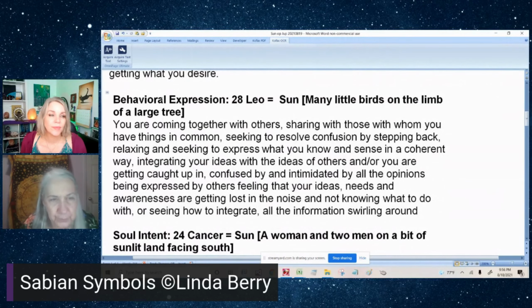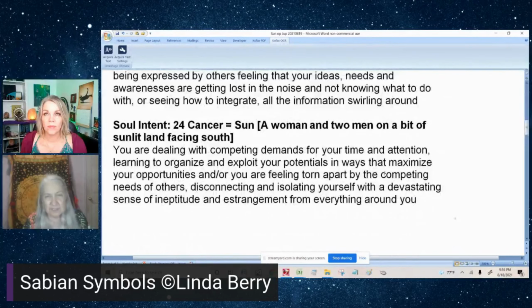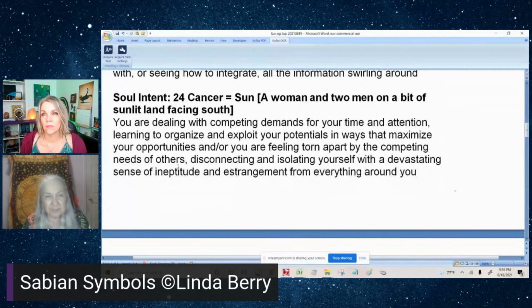Here's the first part, the behavior expression all together, both the positive expression and the signs of problems. Here's the soul intent all together, with the positive expression and the problem areas. They're contrasting. And in anything like this, it doesn't mean that you are going to the extremes.